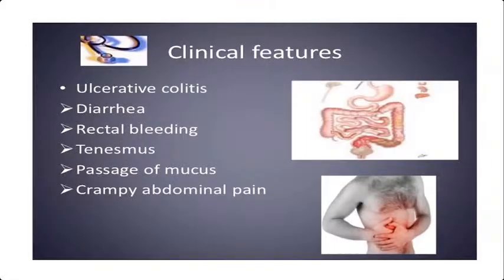Clinically, ulcerative colitis presents with diarrhea, rectal bleeding, tenesmus, passage of mucus, abundant mucus in stool, and crampy abdominal pain.